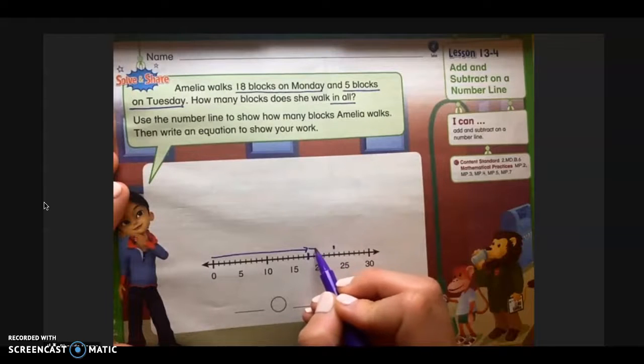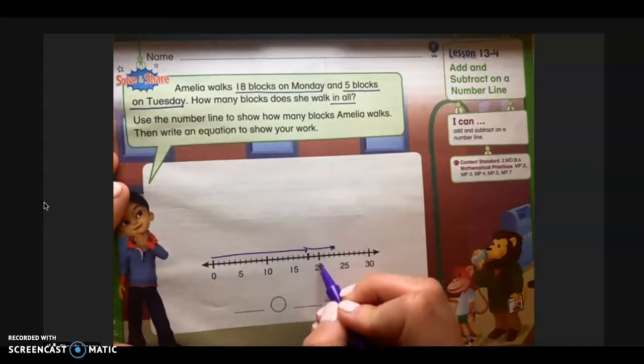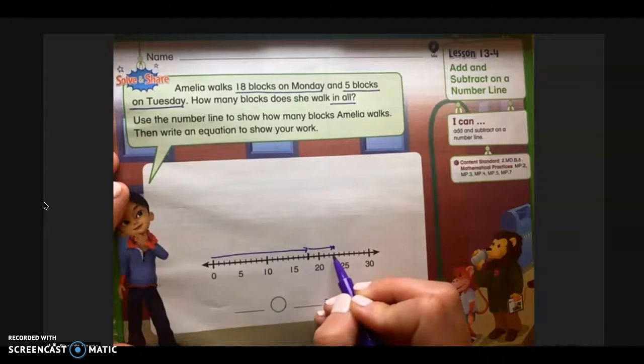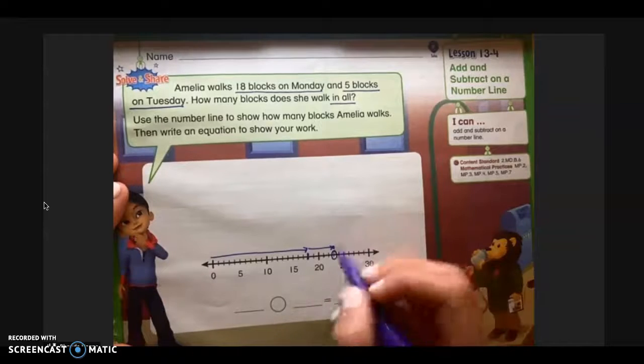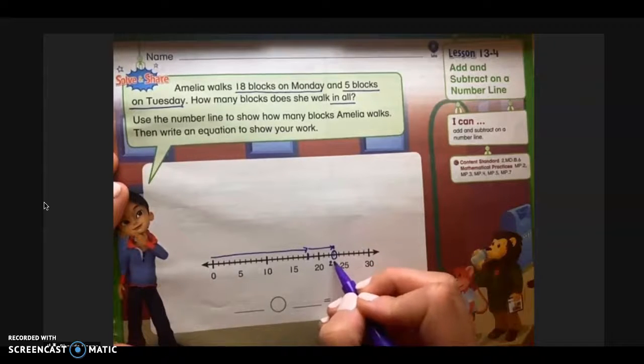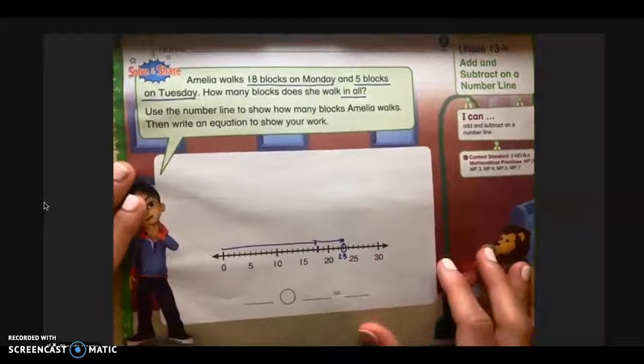Which is right here. And I land on, here's 20. After 20 is 21, 22, 23. I will circle that. I'll label that 23. And then I'll write my addition equation.